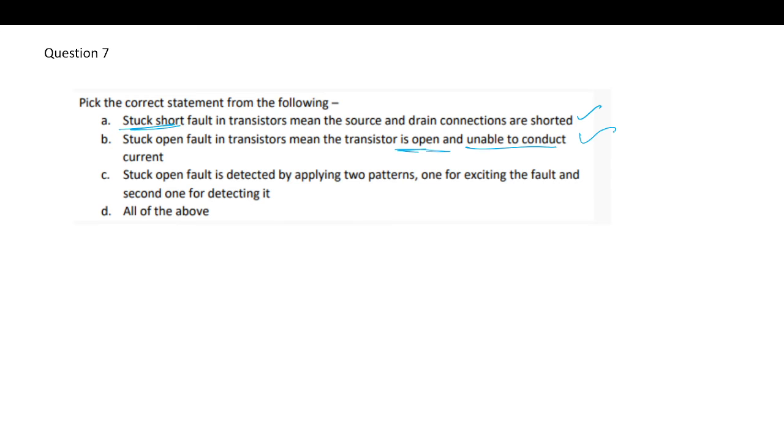Stuck open fault is detected by applying two patterns. Okay, so we will discuss how we can detect this short fault as well as the stuck open fault. Say for example, I just consider one inverter.